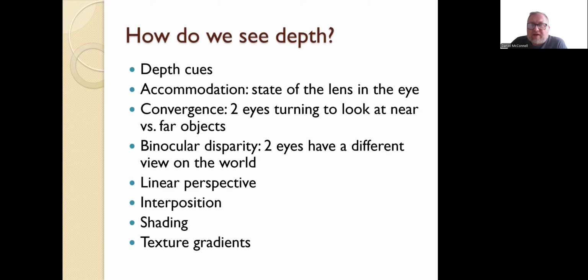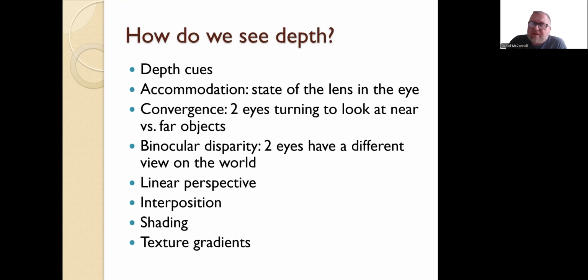The eye is essentially just automatically and reflexively doing its job to detect objects at different focal lengths and focal depths, but that can also simultaneously provide feedback to the brain to say, this is close up, this is far away. So that could be useful information.